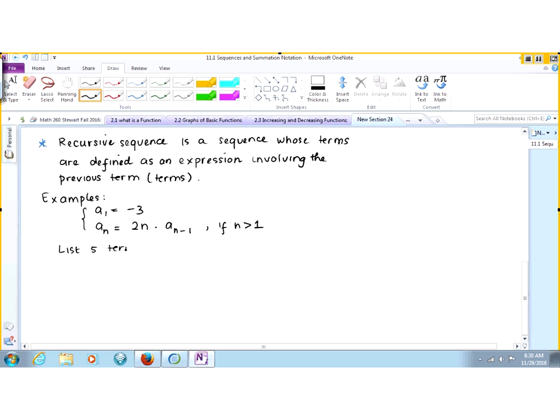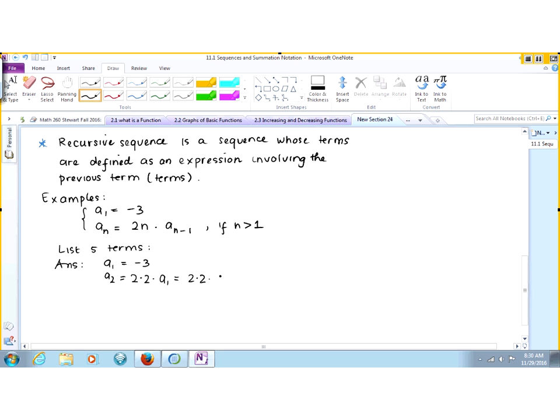So can we list 5 terms of this sequence? A1 is -3. What is A2? Two times n times A1.